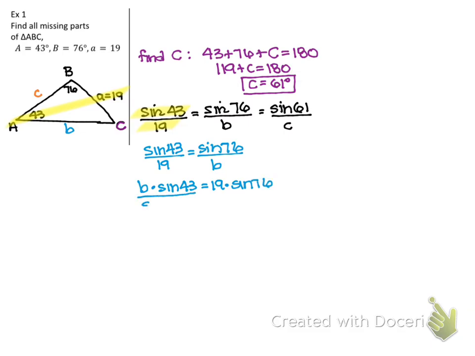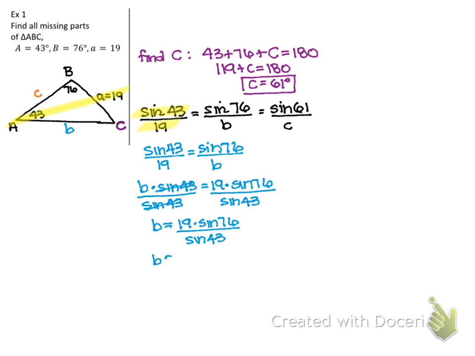I'm not going to grab my calculator at all until I have B equals at the very end. Cross those out. So B is exactly 19 times sine 76 all over sine 43.